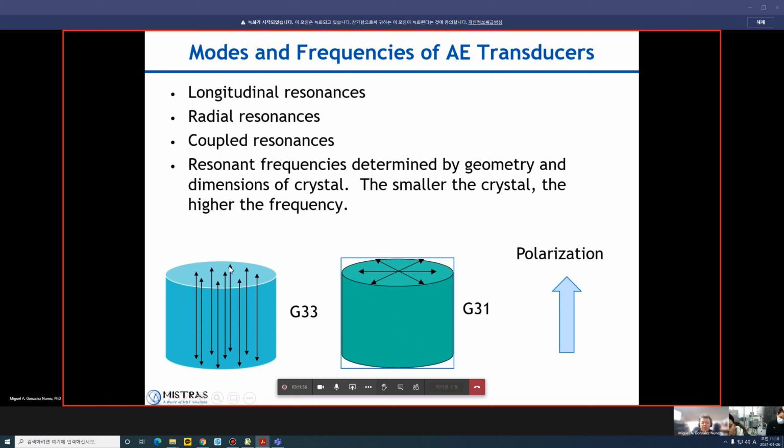The piezoelectric crystal vibrates longitudinally and radially. When they detect a mechanical signal, they start to vibrate, in the longitudinal direction and also in the radial direction. But the shape of the crystal is such that these two vibrations are matched, so they are in synchrony, they are coupled.